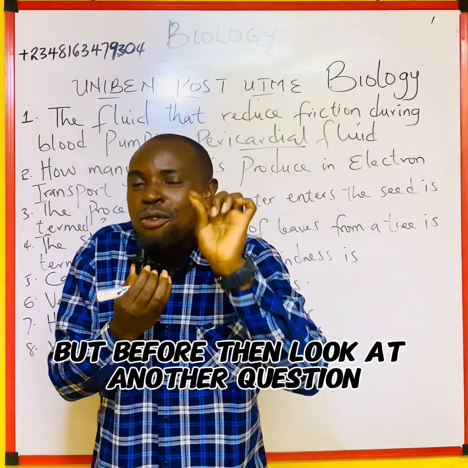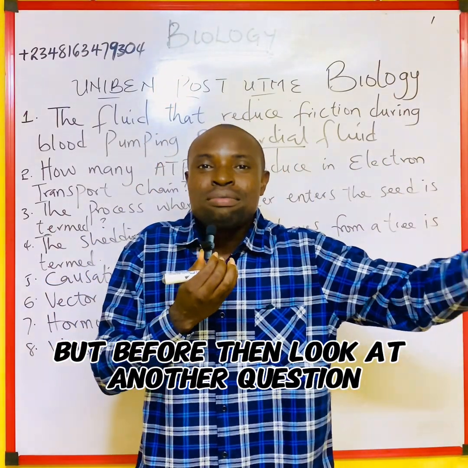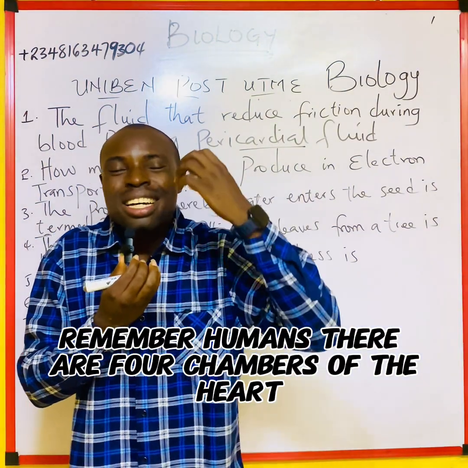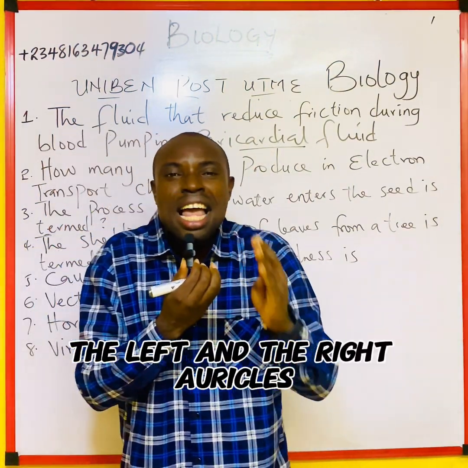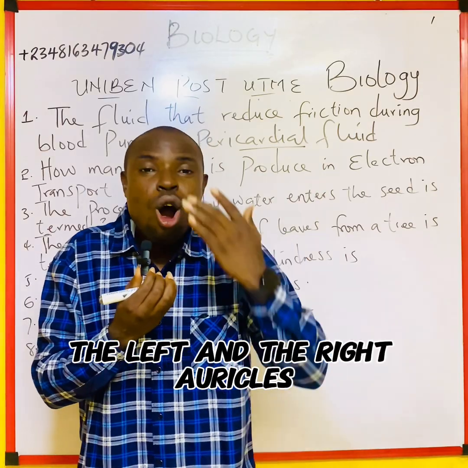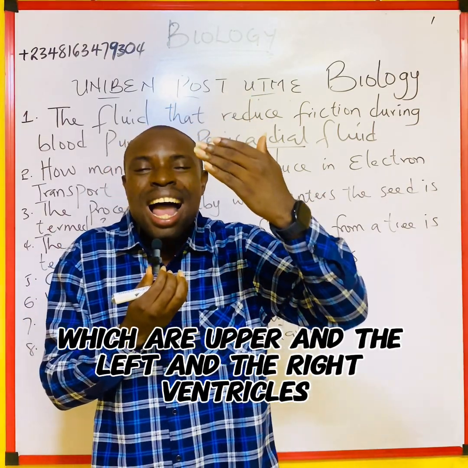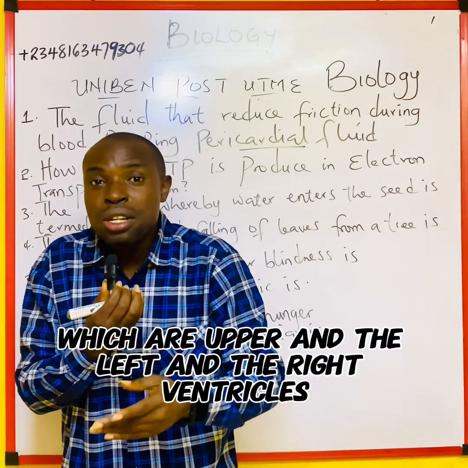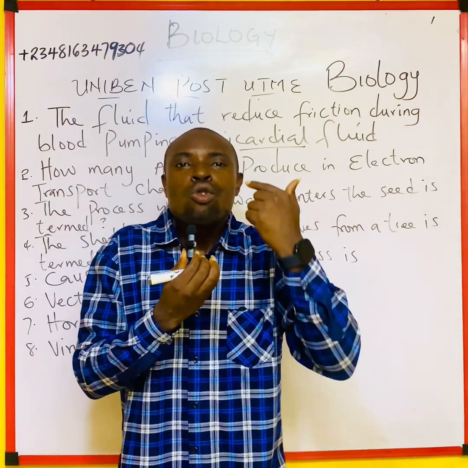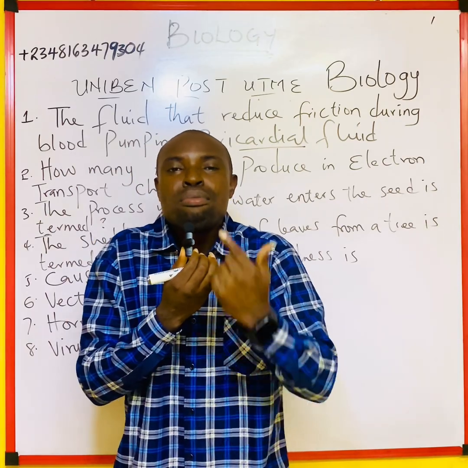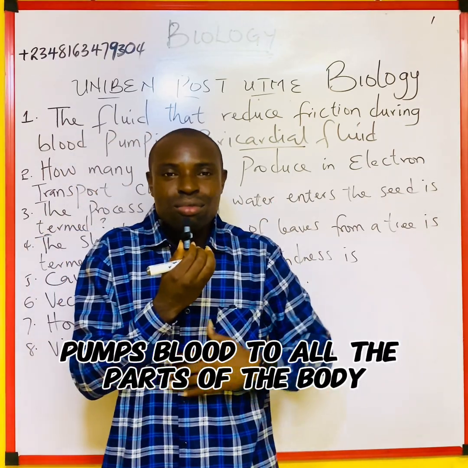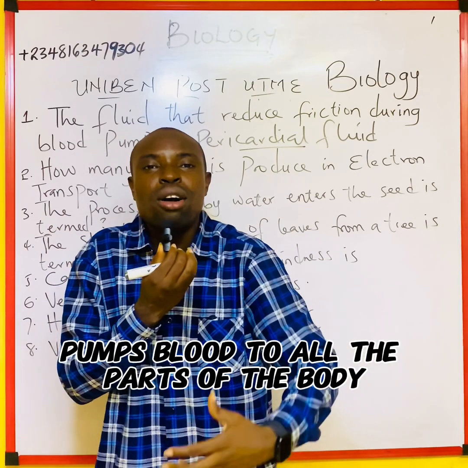But before then, look at another question. Remember, in humans there are 4 chambers of the heart: the left and the right auricles, which are upper, and the left and the right ventricles. A question can be asked: which of these chambers of the heart pumps blood to other parts of the body?